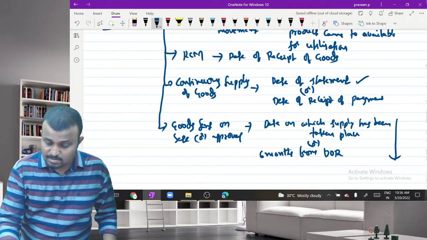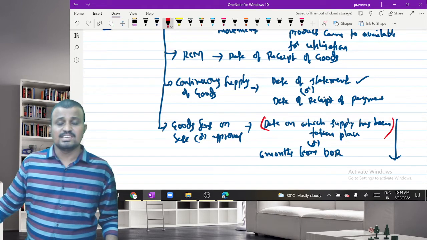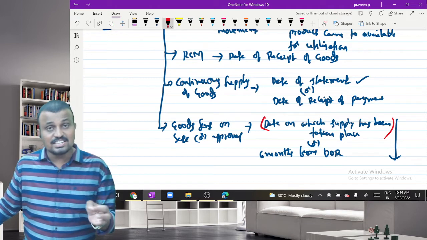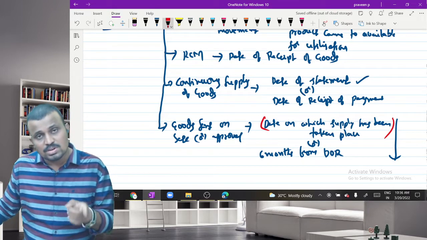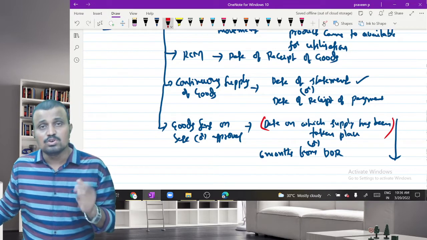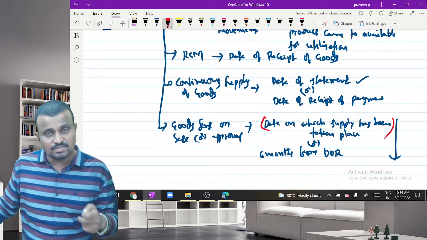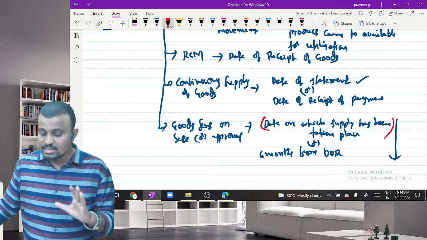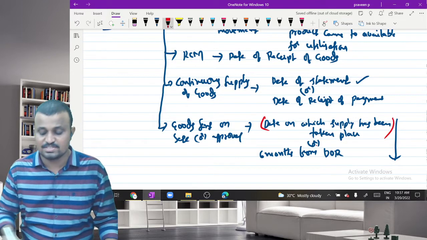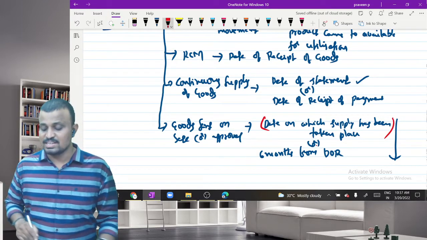So here, remember, date on which supply has taken place: in case of goods sent on sale or approval, the transaction is deemed to be a supply only when the goods are accepted by the receiver, or if no information is provided regarding acceptance or rejection before the due date, then that date is the date on which supply has taken place, or 6 months from the date of removal of the goods, whichever is earlier.